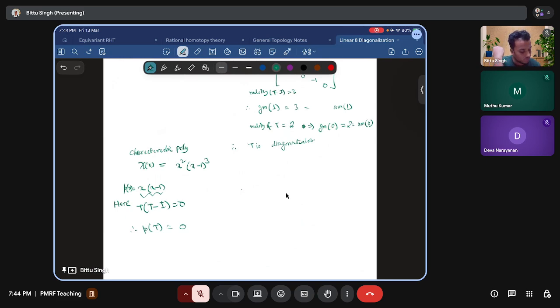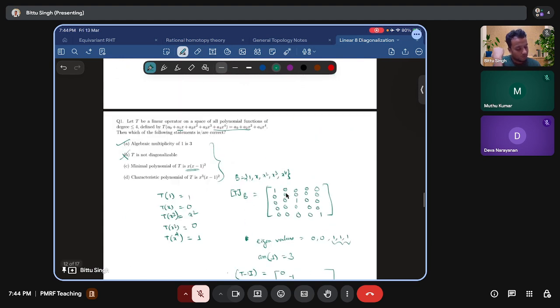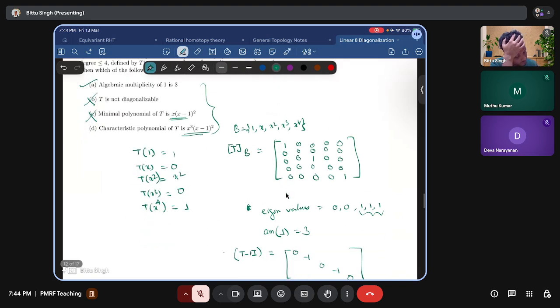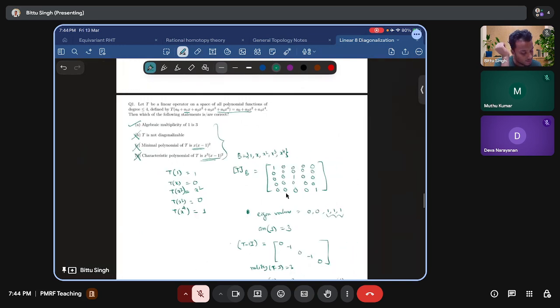So x into (x minus 1) is the minimal polynomial. So C is also false. The characteristic polynomial is this. This is clear. We have already seen. No, sorry, x square into (x minus 1). So this is also false.